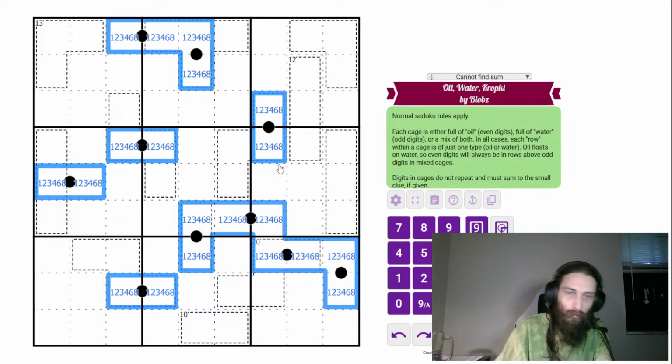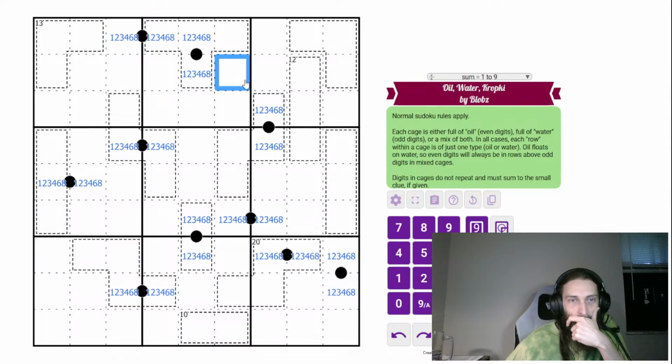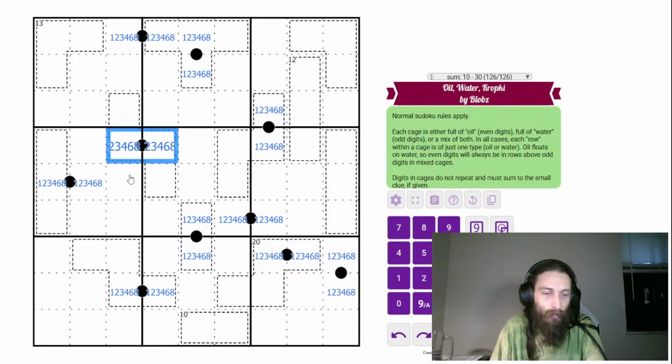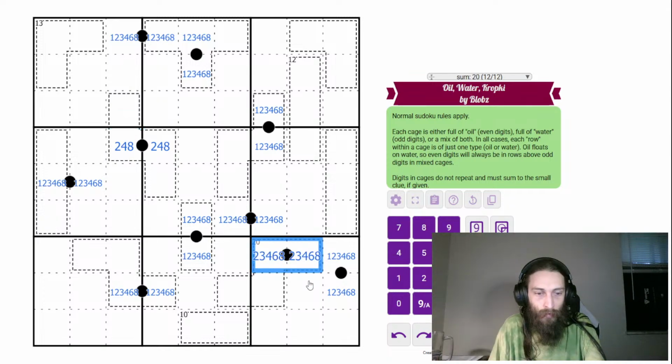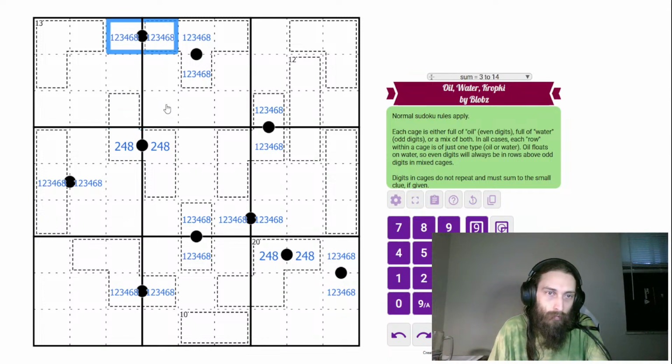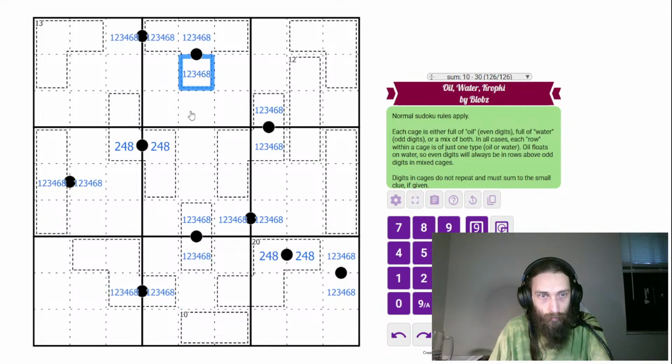3, 4, 6, 8. Now, 1, 2 would not work on a horizontal. Right. Well, neither would 3, because if it's 6 in the same cage. Because the one in row 1 doesn't matter, because they're not in the same cage. But neither do the vertical ones. Well, the vertical even would have to be above odd. That's true.